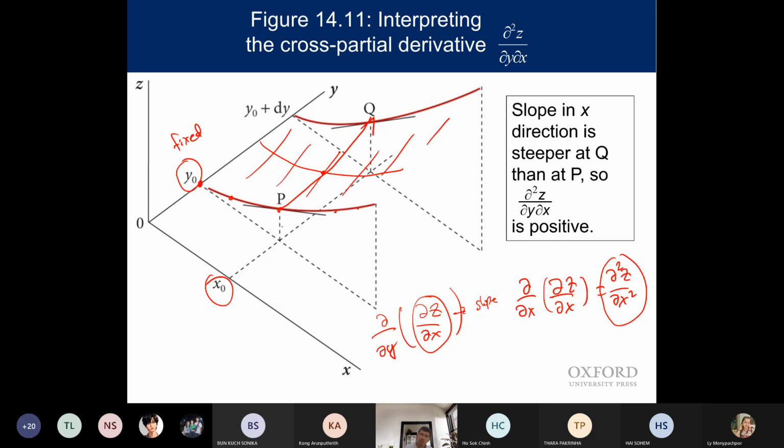First, you think of the slope in the x direction, and then you switch to change in y. So you focus on the change in the slope in this direction, right? It's a little bit harder to figure out the meaning, but maybe you can think of something like this.